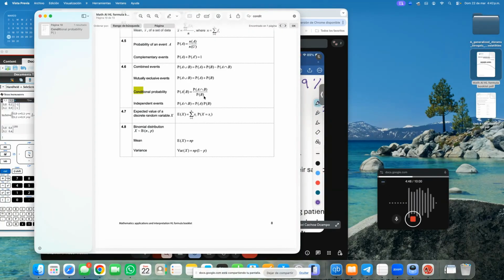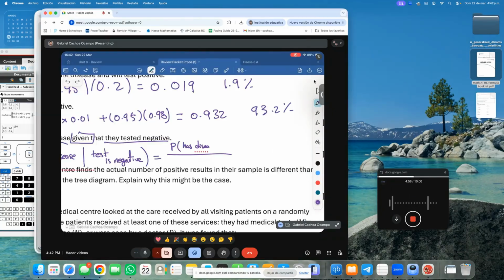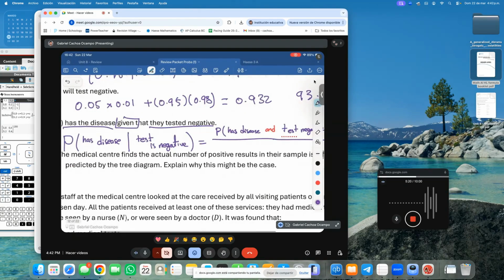So that would be the probability that I have the disease and the test is negative, divided by the probability of testing negative.